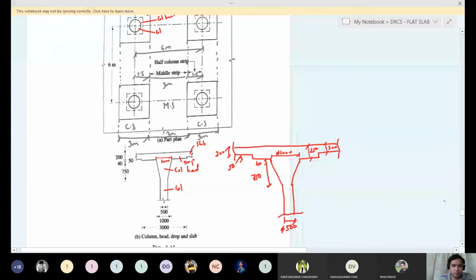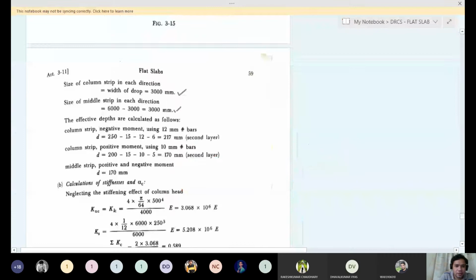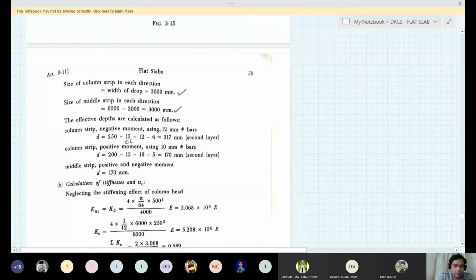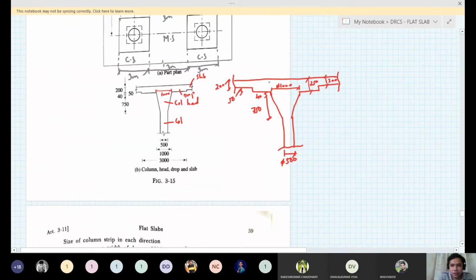So 250 minus clear cover, minus 12 mm for the diameter of the bar, and half the diameter for the second layer, so it will be 217 mm. This is for the negative reinforcement. Negative reinforcement means the bars provided in the top portion wherever there is a drop.